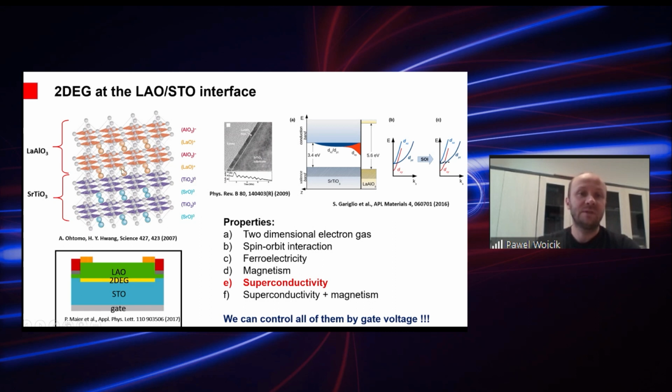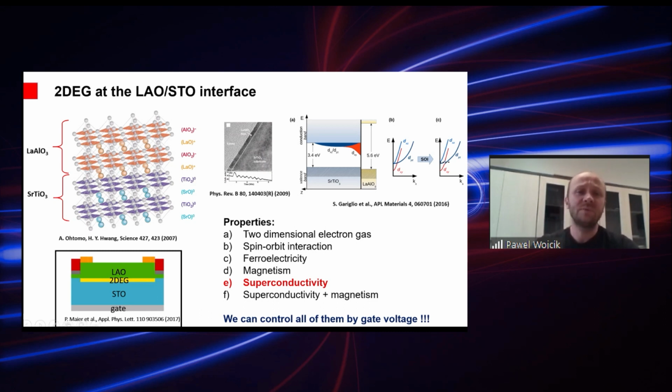So here we have a very narrow quantum well in which the electrons are confined. We know from DFT theory and from experimental data that the electronic structure here is described very well by d orbitals of titanium ions.